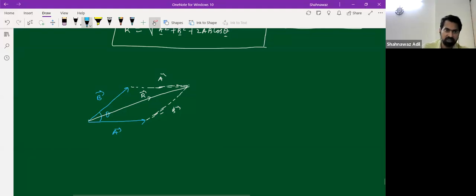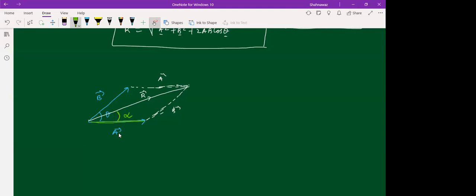For this case, you have to find the angle. This resultant is making an angle, let's say alpha, from this vector A. So the direction of this R vector is at some angle alpha from vector A. Understood? So this is the direction of this resultant vector.